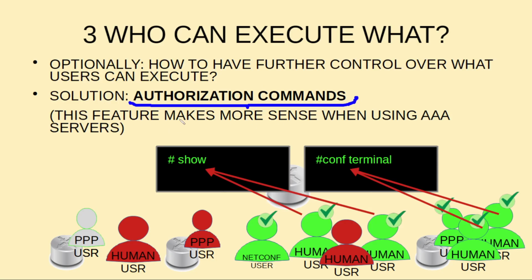Remember that this feature makes more sense when using AAA servers. We want to provide AAA servers with this control over users. If we are not using AAA servers, this feature does not make too much sense because we may already configure that with privilege levels or RBAC views locally, and we will be set with the authorization exec feature for that matter.